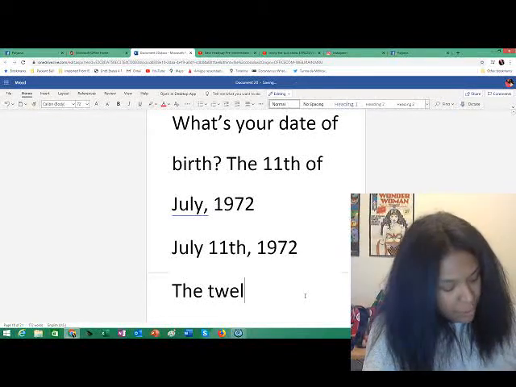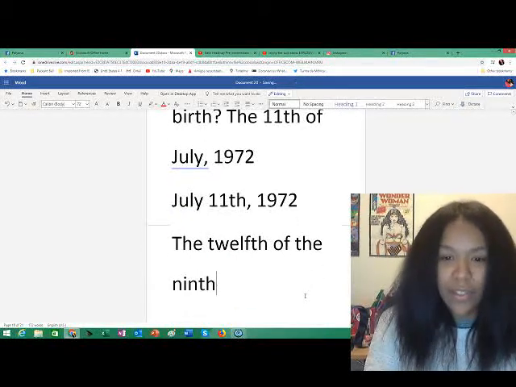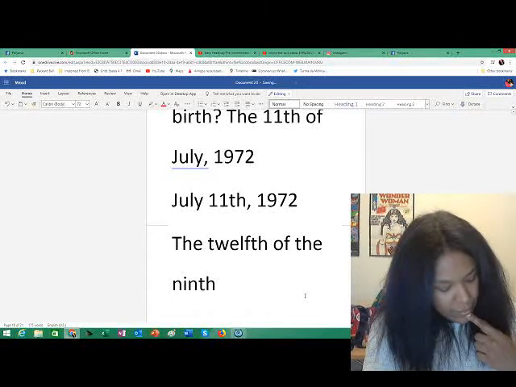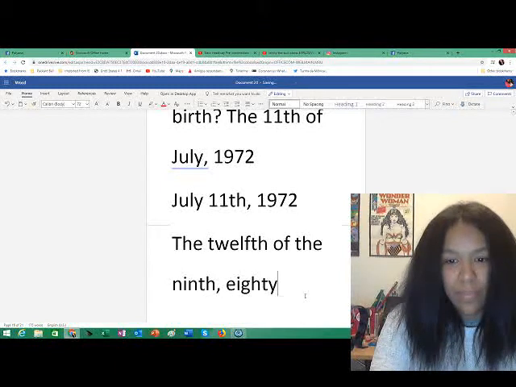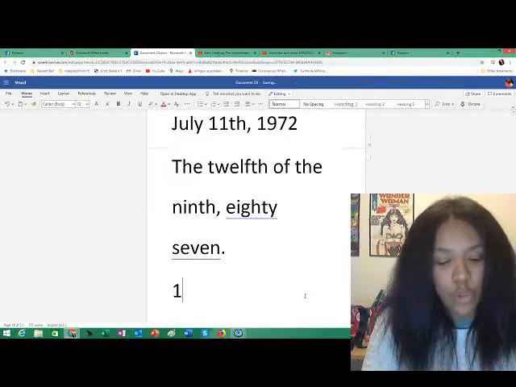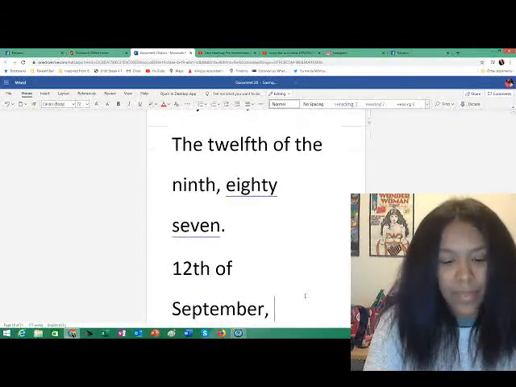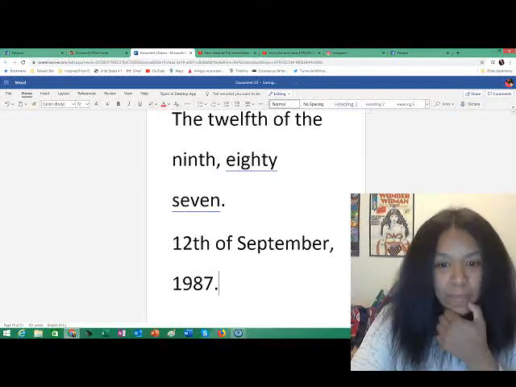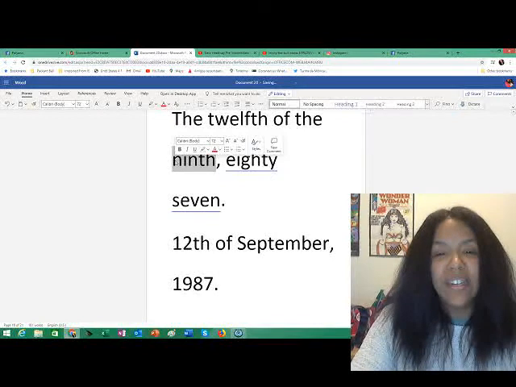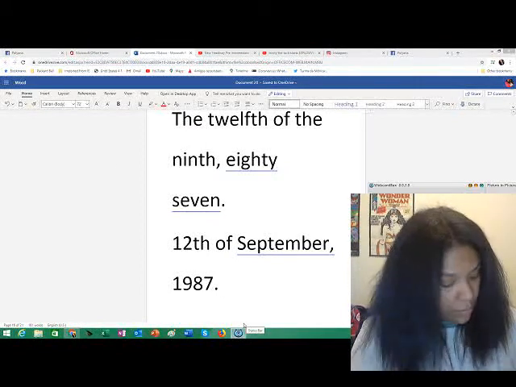The 12th of the 9th, 87, which is the 12th of September 1987. So that's another way of saying the date. The ninth month of the year. The 9th month of the year.